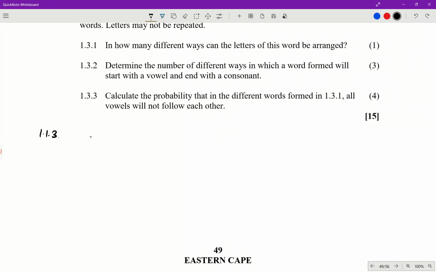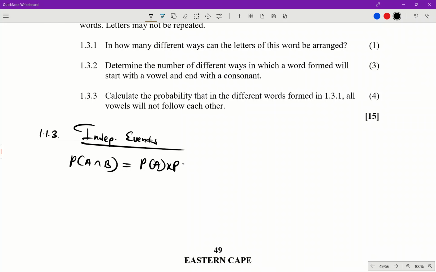Whenever you're dealing with independent events, guys, there is this golden rule that says the probability of A and B is equal to the probability of A multiplied by the probability of B. This is only applicable whenever you have independent events. Once these are not equal, it means the events are not independent, meaning they are dependent.